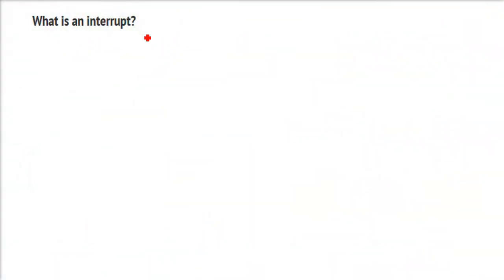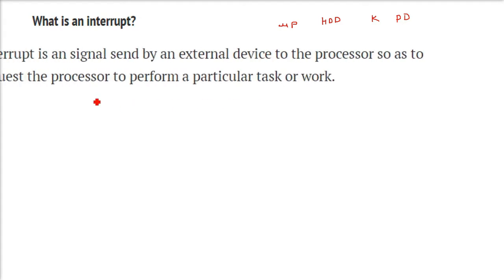What is an interrupt? Just assume that your system is working and your hard drive stopped working. For example, you took that pen drive off from your system. So how will the microprocessor and the other devices know that this has happened?